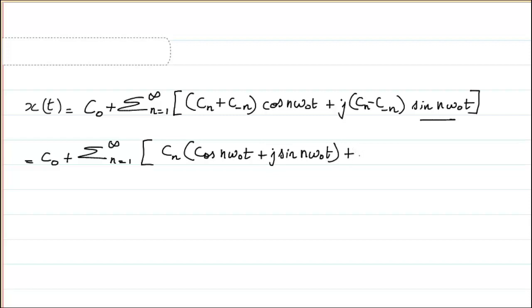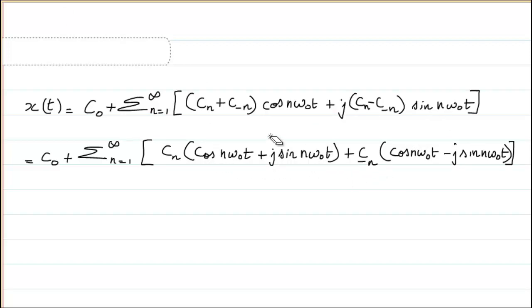And similarly plus C of minus n can be written with cos n omega naught t minus j sine n omega naught t, correct? So I have opened up and rearranged it in such a way that Cn components and C of minus n components are coming together.